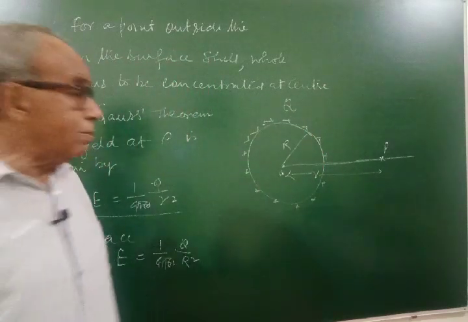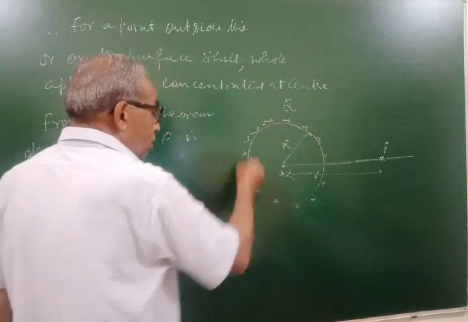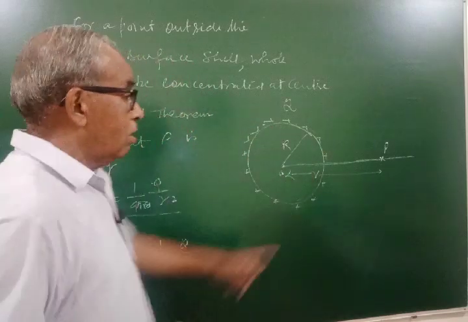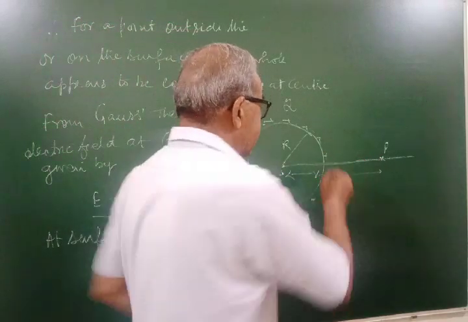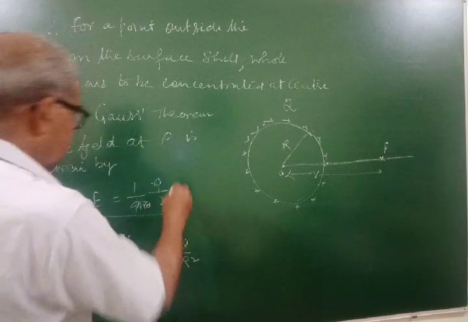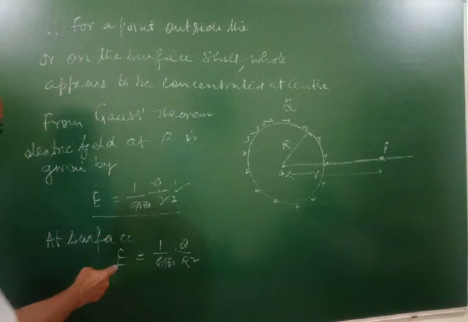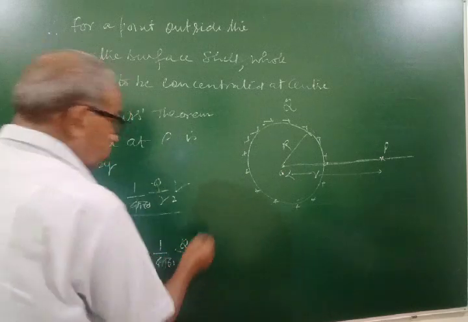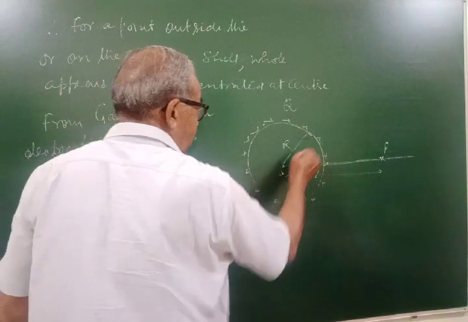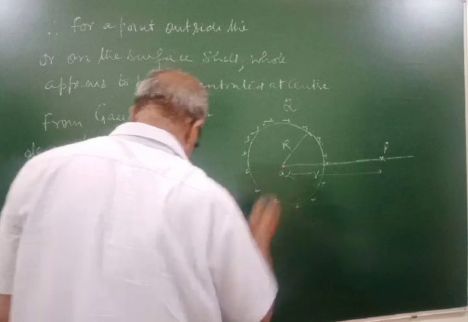Please try to understand what I say. This charge is spread on the surface, but for this point over here, the field is given by this, the electric field due to a point charge at distance r. For this surface also, the charge does not appear spread, it appears concentrated.